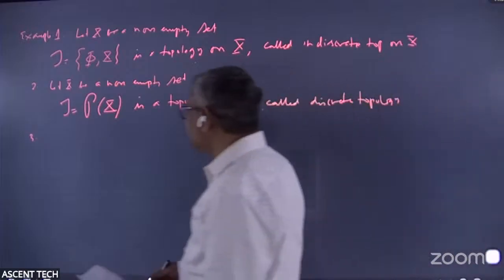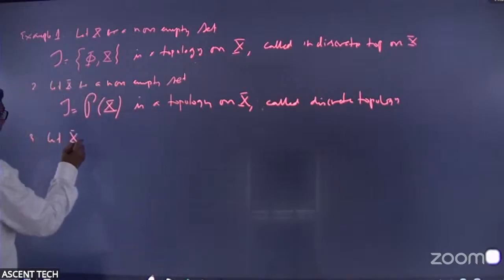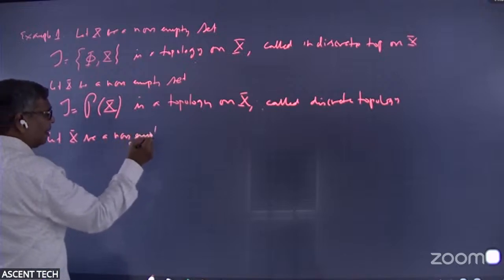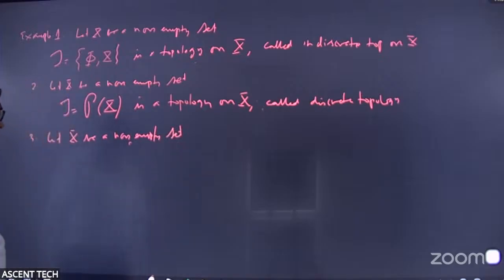Okay, I will introduce another thing. Let X be a non-empty set. Preferably, I would like to take an infinite set. I don't have to say that; even a finite set is okay, but an infinite set gives you a nicer thing.